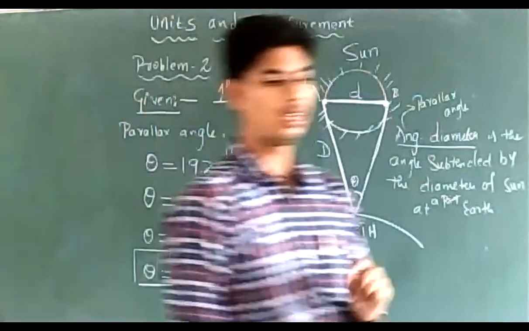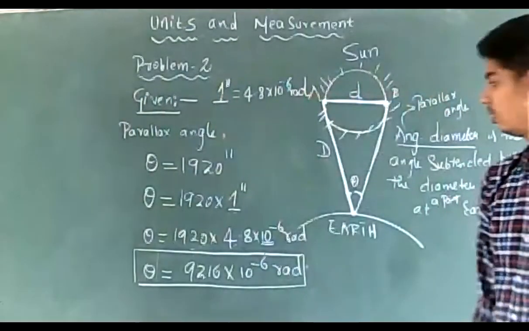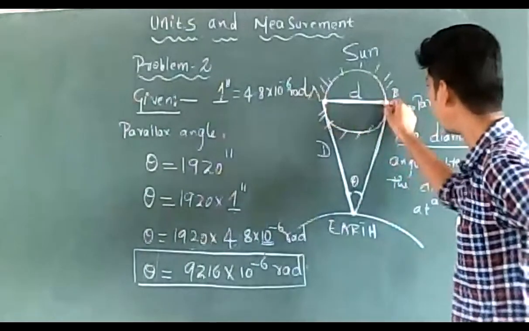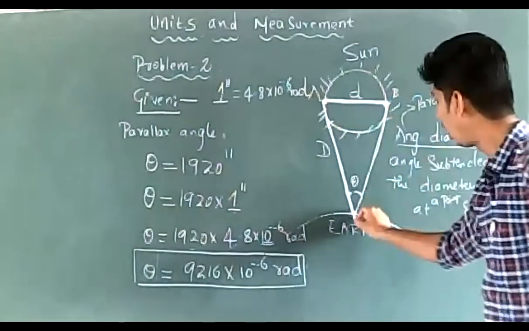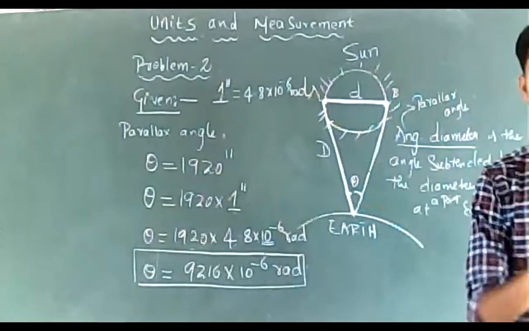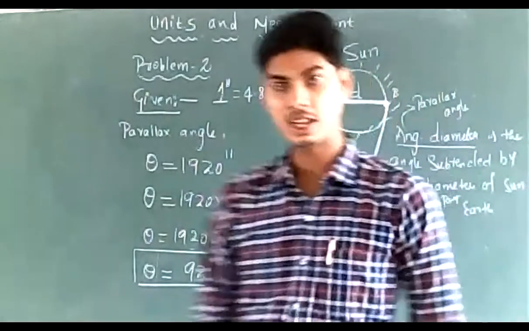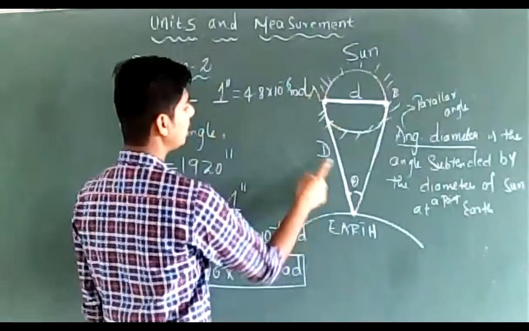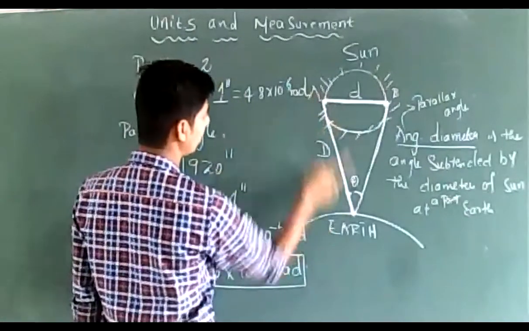This is the parallax angle subtended by the diameter of the sun at a point on the earth. After this, the next information they have given is the distance between sun and the earth.